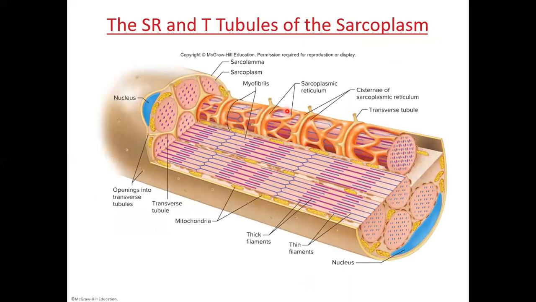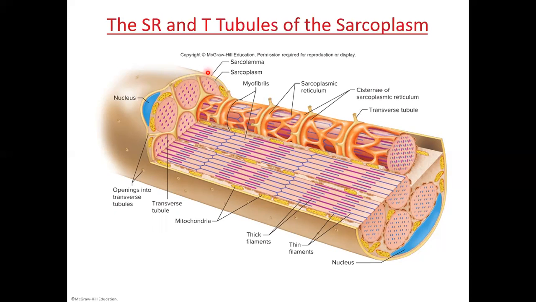Here's the SR. Instead of being like a flattened tube-like highway, like we learned about in one of the earlier chapters, it's still tube-like, but it's flattened around the myofibrils, and it goes around each of the myofibrils. If you look at the tubes here, you can see that same animation on the end where there's a cross section.